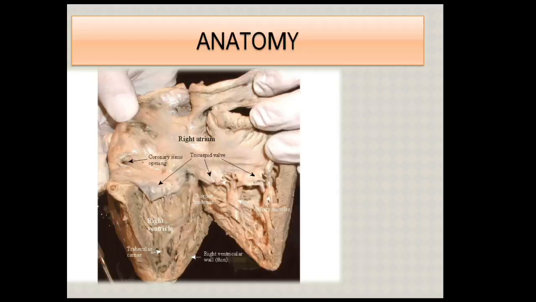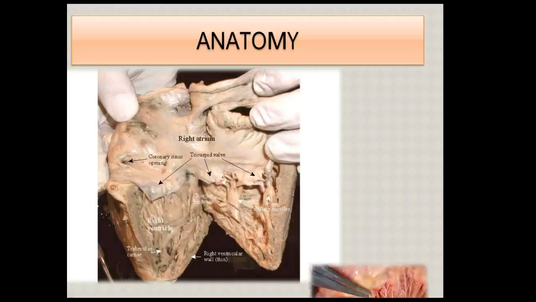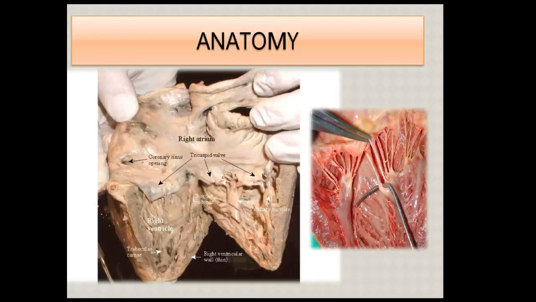I'll be giving you one more picture of the chordae tendineae. This picture shows the thread-like structures present in the ventricle. These are the chordae tendineae of the heart, and these are quite profuse in mammals as compared to the reptilian heart.